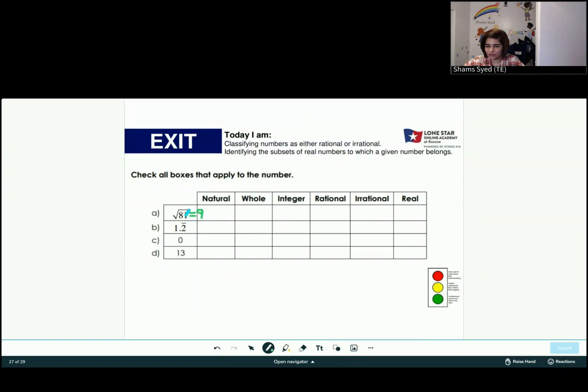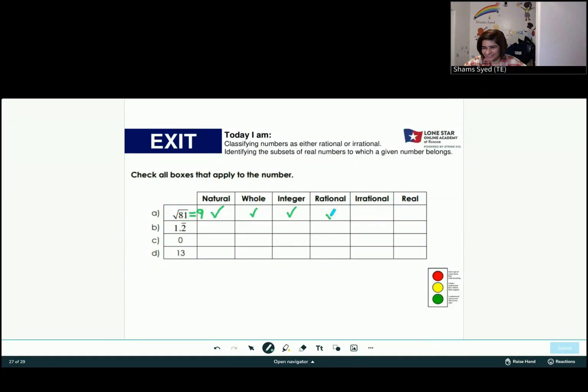Now tell me, is square root of 81 a natural number? Joshua, Christian, nice. Is it a natural? Christian says yes. It can be used for counting. Is it a whole number? Yes. Is it an integer? Yes. Is it a rational number?